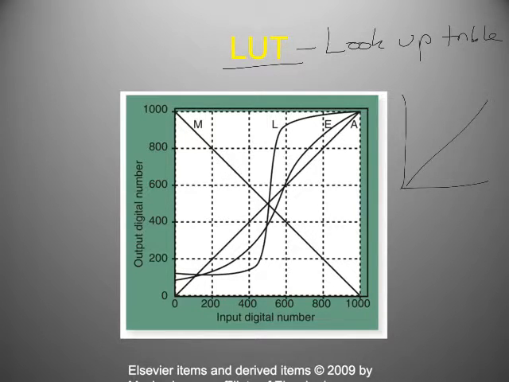The Fuji CR reader that we have in our lab has a lookup table, and you've used the lookup table probably about 100 times, every single one of you, without even realizing it. Every time you took a hand x-ray and told the machine this is a hand x-ray, the machine is thinking, okay, what's the lookup table for a hand x-ray?